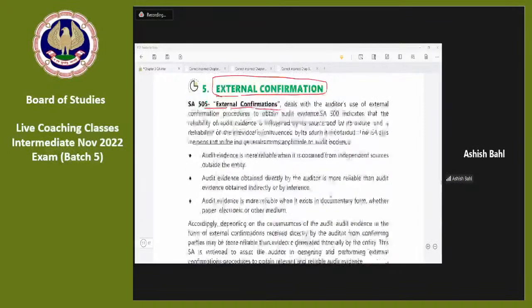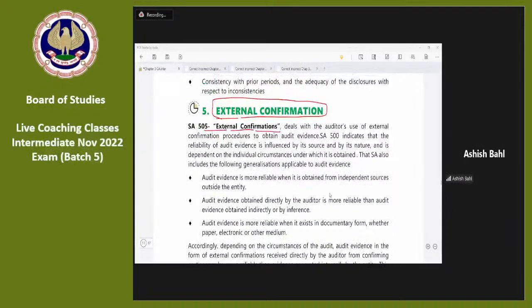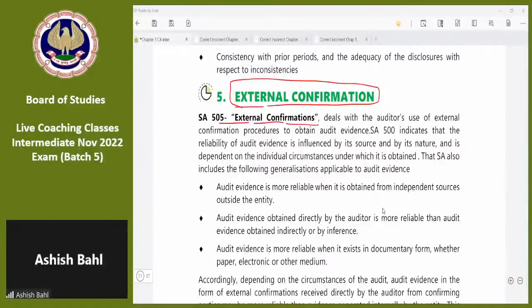Yeah. So SA 505 external confirmation, guys. Now it is clear. Is the network issue over, guys? Please drop the mails. Yes, sir. Yes, guys, please drop the mails. You are able to hear me now? Is audio video clear? Yes.